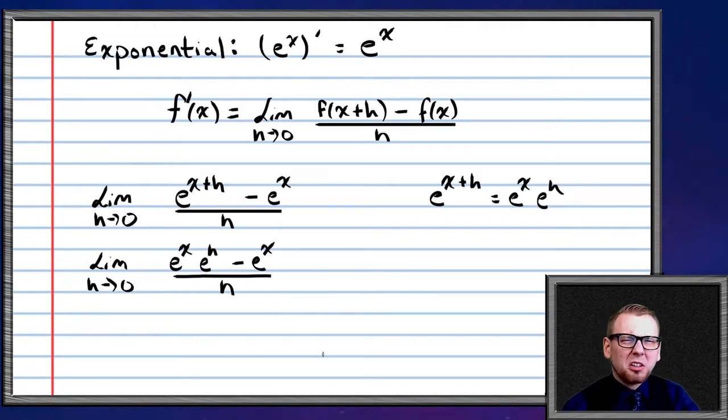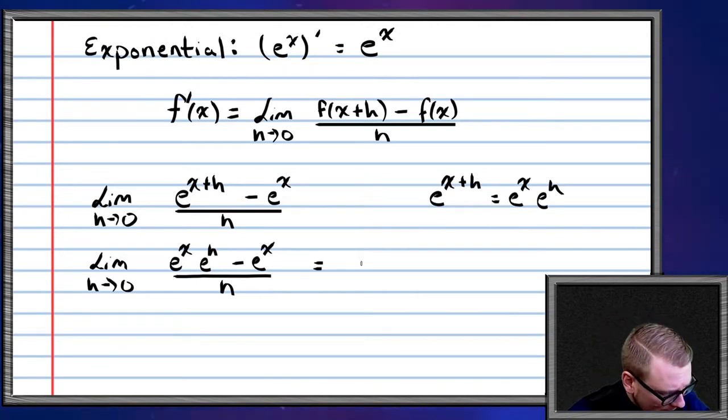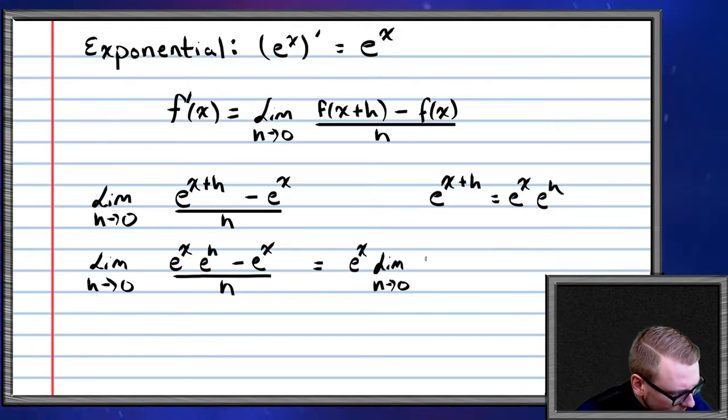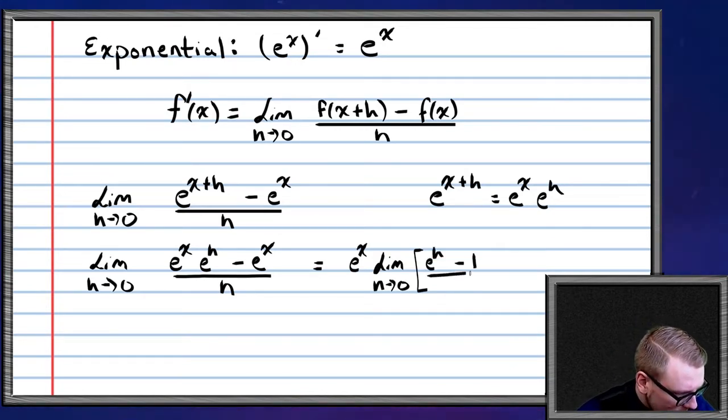We can just factor out an e to the x. And since e to the x is not dependent on h, we'll just write it out front. So we'll have e to the x times the limit as h approaches 0 of e to the h minus 1 over h.